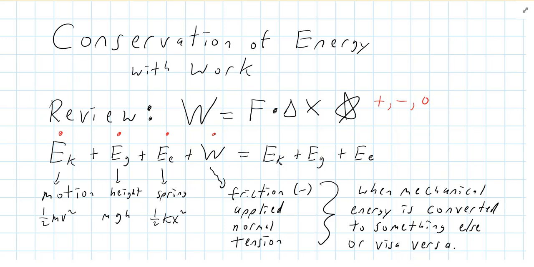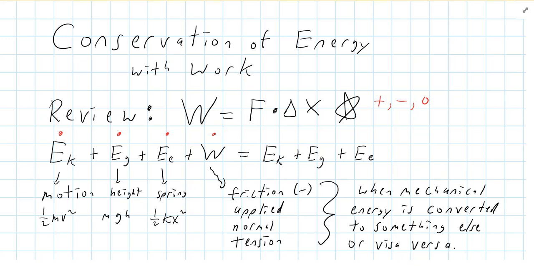And that is when mechanical energy is converted to some other form, like heat or vibration or sound or chemical, or vice versa. So for instance, if I am pushing a box, I am doing work on it, and my chemical potential energy in my body from the food I ate is turning into something else, probably kinetic energy or maybe some gravitational potential energy.